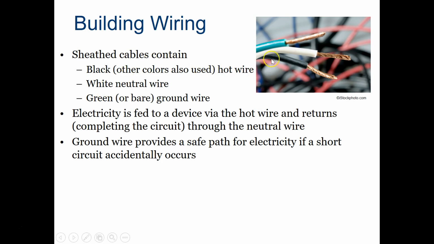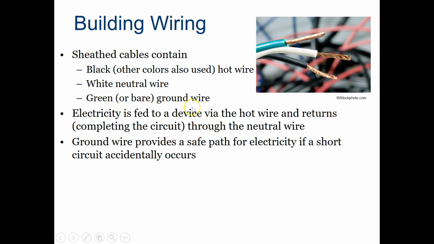White is a neutral wire, so again, that one is basically the same as this ground wire, which is green or sometimes just left completely bare. And those two are the ones that allow that alternating electricity to go back down to zero. And so the combination between, in this case, the white wire and the black wire would be 120 volts because there's no other hot wire identified there.